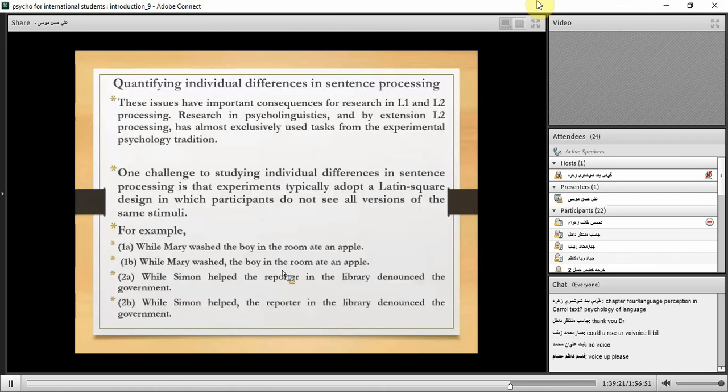The temporary ambiguity leads to longer reading times at the disambiguating verb, like ate and denounced, where the direct object interpretation becomes impossible in 1a and 2a compared to 1b and 2b.